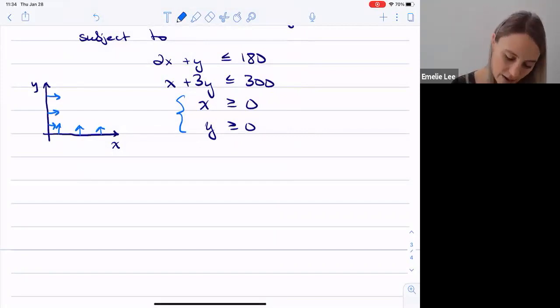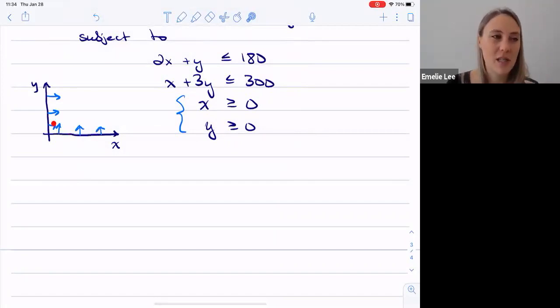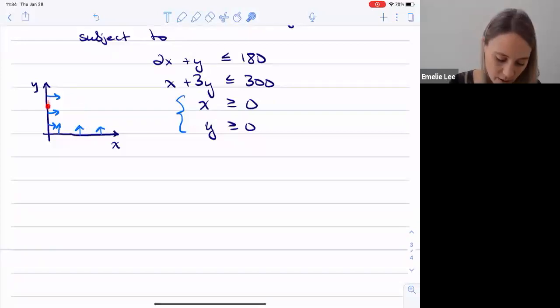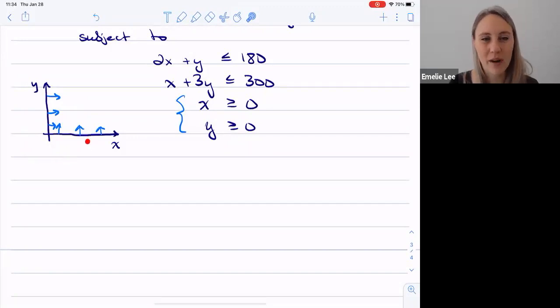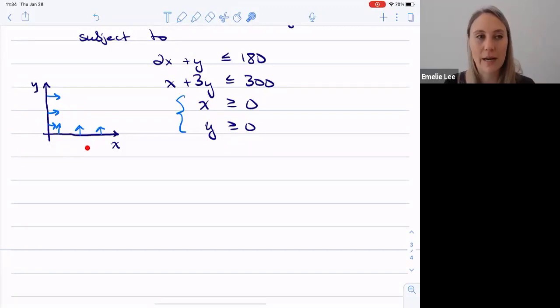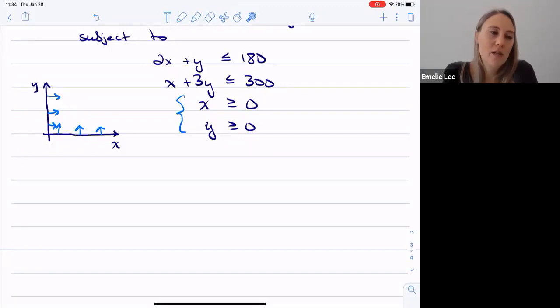And so this is just restricting me to my positive x's and positive y's, so that one quadrant, right? Remember, we do have 4 quadrants, 1, 2, 3, 4, but now we're saying, okay, we're going to restrict ourselves to having positive values for x and y. It doesn't make sense to have negative materials, right? It doesn't make sense to have negative number of machines. So that's why we have those.